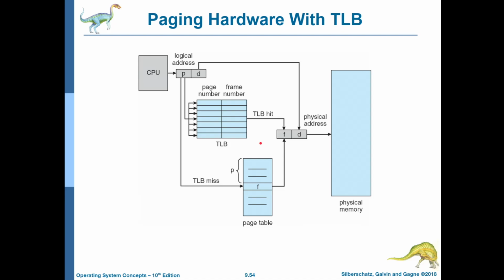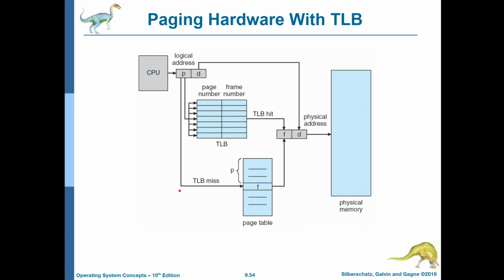Here's another diagram showing paging hardware with a TLB. The CPU generates a logical address. The offset is copied directly into the physical address offset. The page number is first looked up in the TLB. Again, it's associative, so constant time access should bring us a frame number on a TLB hit, which we can use in the physical address.